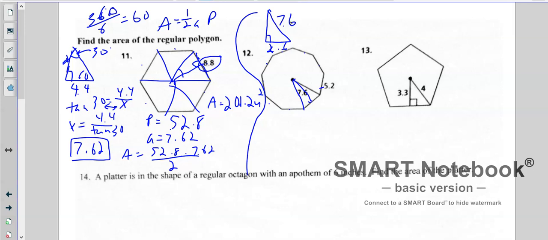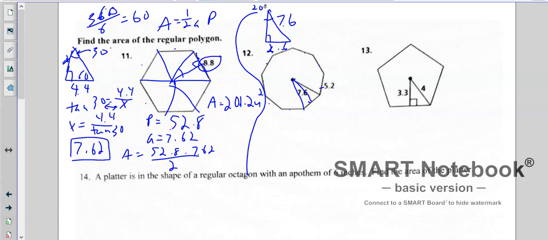All right. So we have a couple different ways we could do this. We could divide 360 by 9 and get 40, and we could find out that this is a 20-degree angle. And then since we have the hypotenuse and the opposite side, we could do pretty much any trigonometric function to find the apothem.